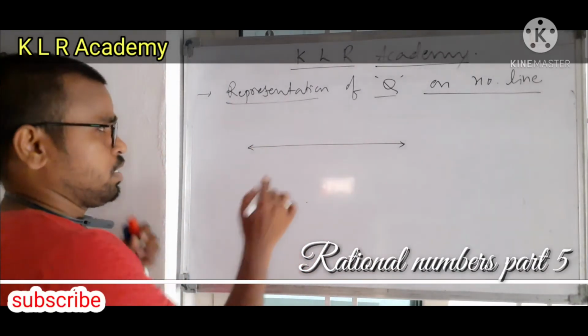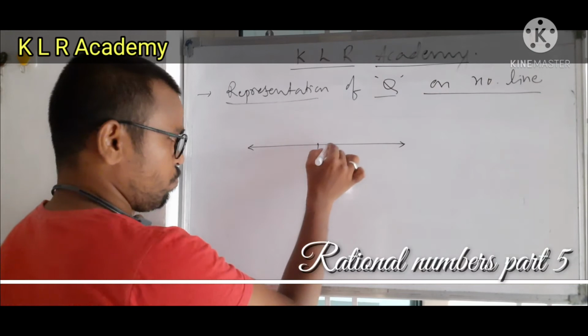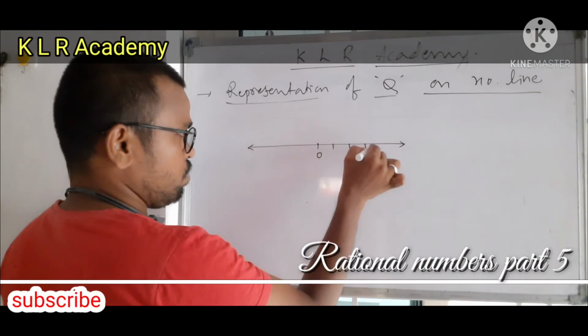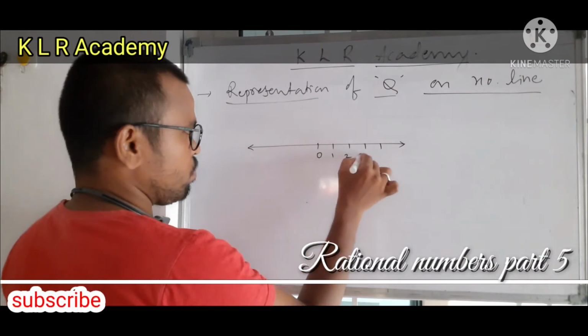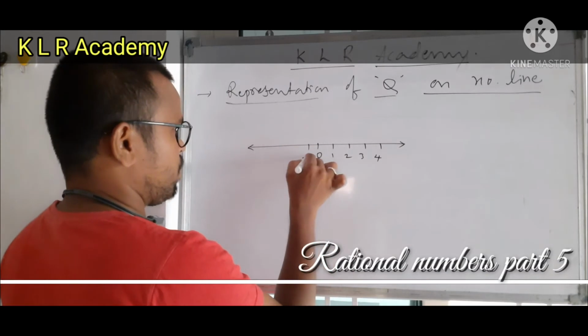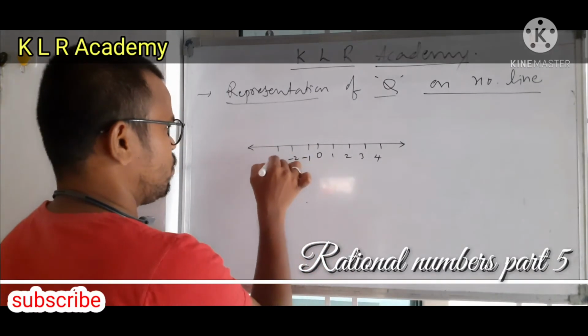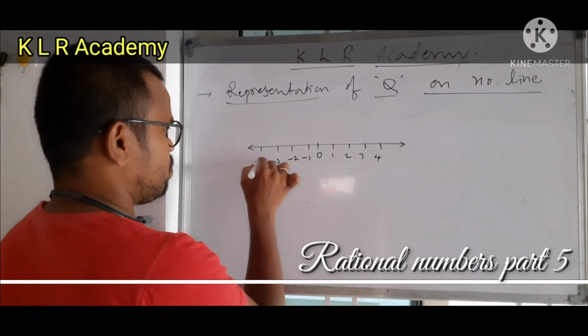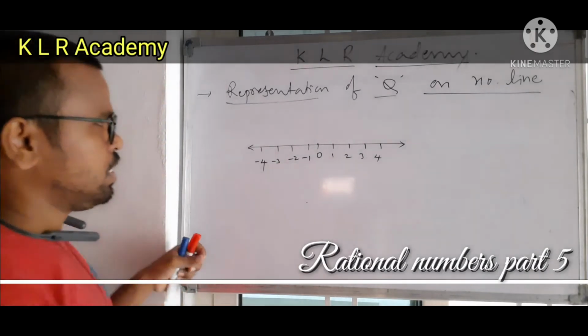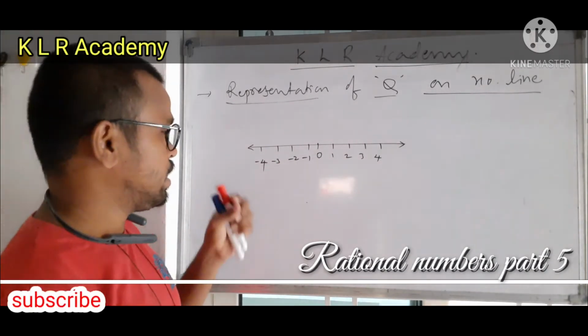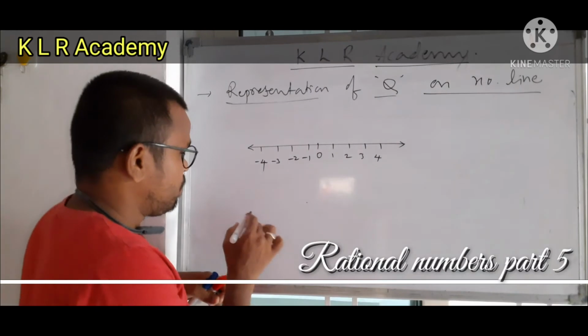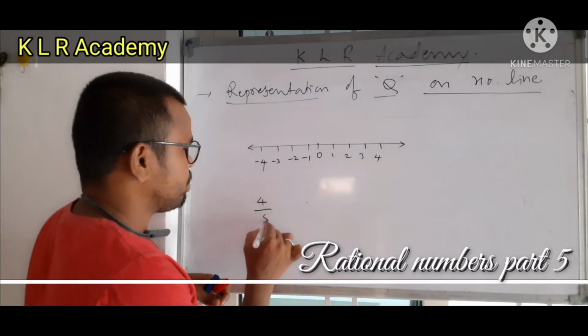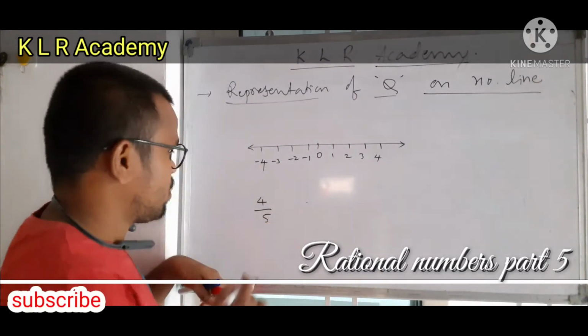This is 0, 1, 2, 3, 4, minus 1, minus 2, minus 3, minus 4. Suppose these are the integers. I want to represent 4 by 5.